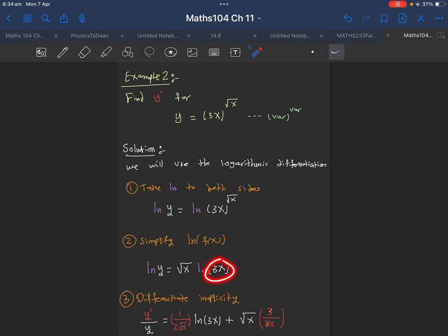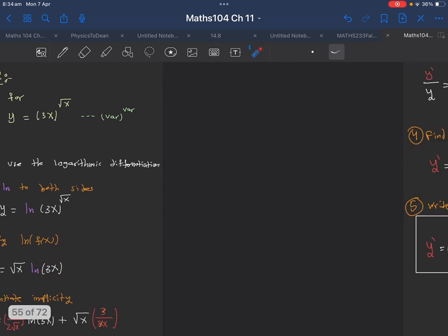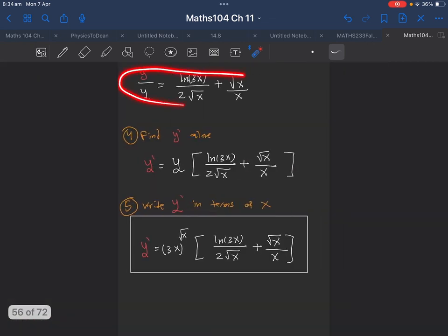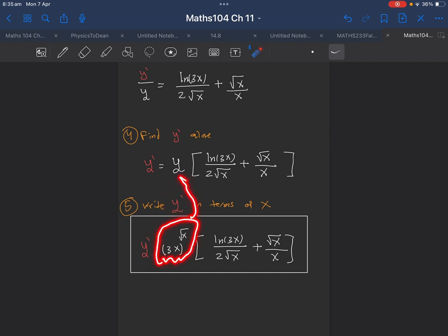Now, for the derivative of ln 3x, you write 3x, and then in the numerator you write the derivative of 3. So the 3s get cancelled, and you get 1 over x. You simplify it like this. However, I don't want to see the y here, so I move the y to the other side. And finally, we just write y alone. So instead of y, from the question, we write it as this one.